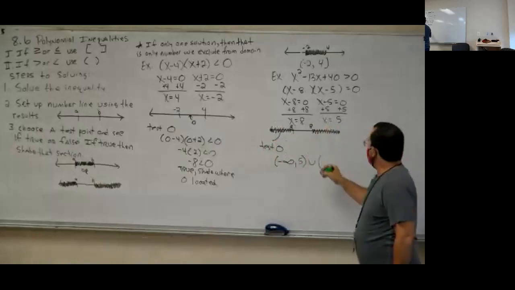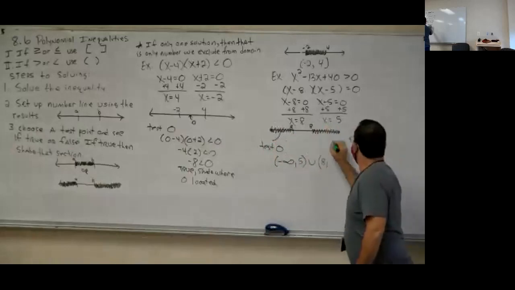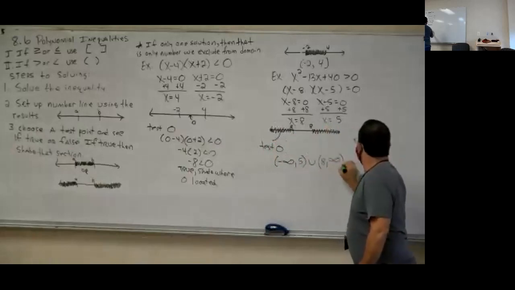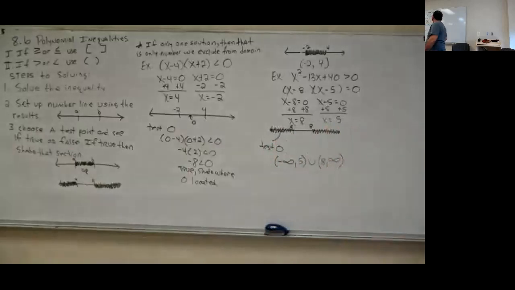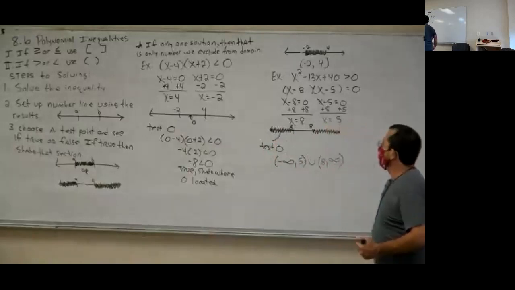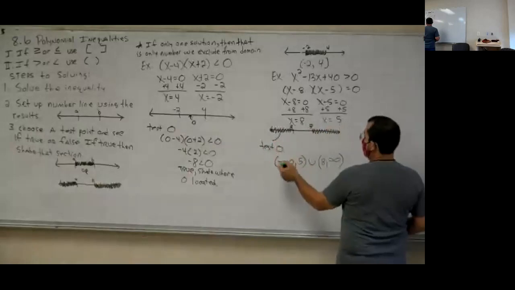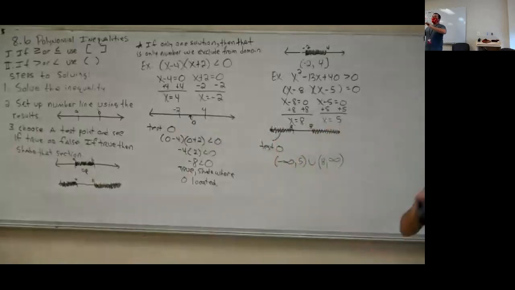It starts again at 8, and from 8 it goes to positive infinity. Okay, so just remember, if you're shaded on both ends, you will use the union and have both your little intervals in there, okay?